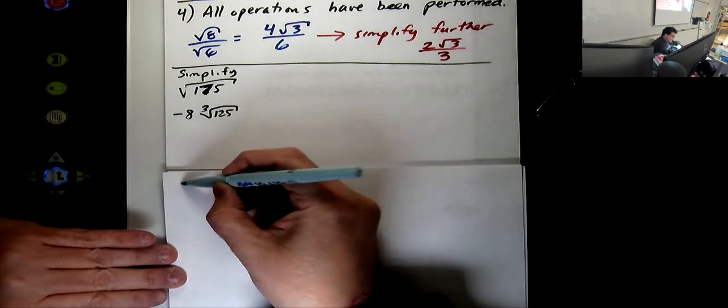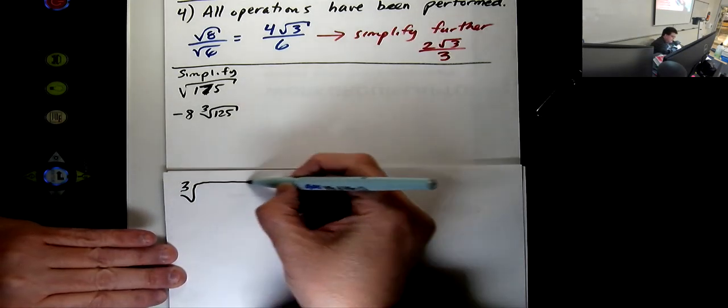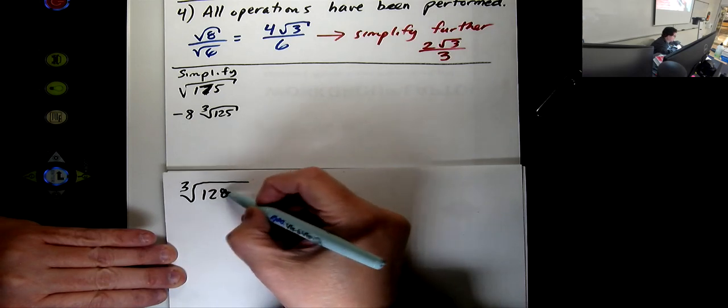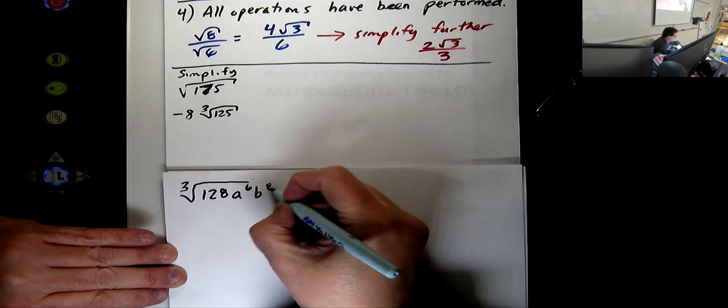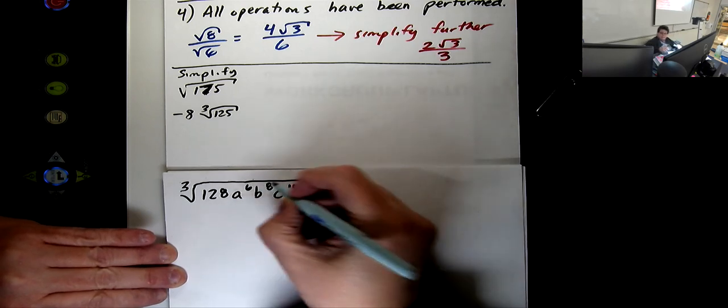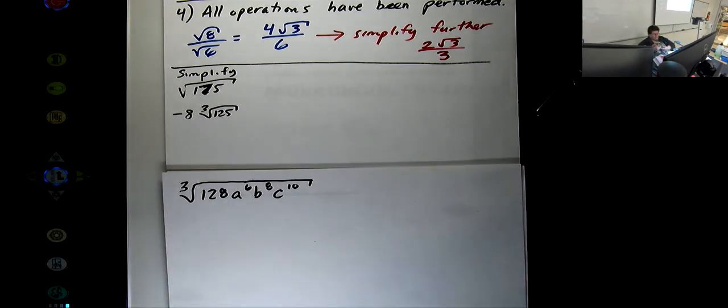And finally, simplify the cube root of 128 a to the 6th power, b to the 8th power, c to the 10th power. I'll give you some good practice. Go ahead and take a few minutes and then we'll do them together. See what you can come up with.